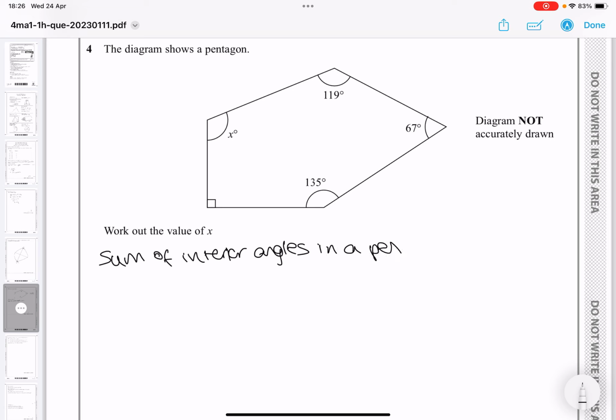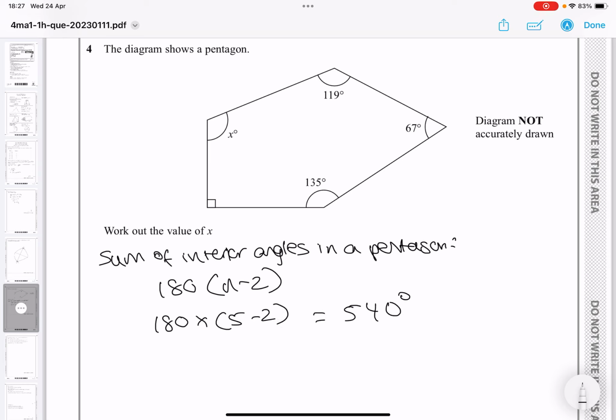We can do this by using the formula 180 multiplied by n minus 2, where n is the number of sides of the shape. So here we're using a pentagon, which is 5 sides. So it'll be 180 times 5 minus 2, which gives you 540 degrees. So what this says is that all the angles in this pentagon have to add up to 540 degrees.